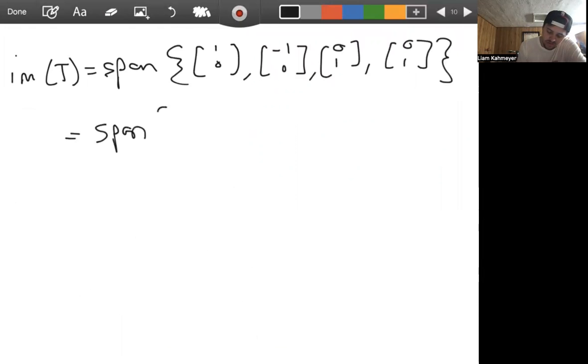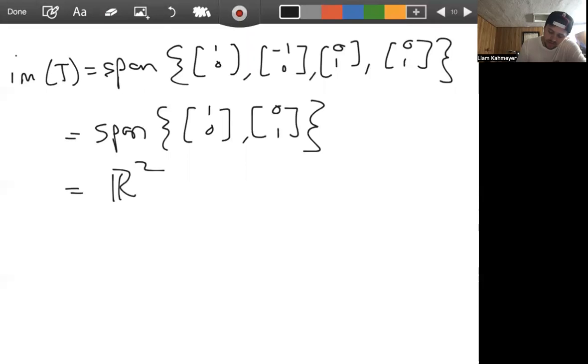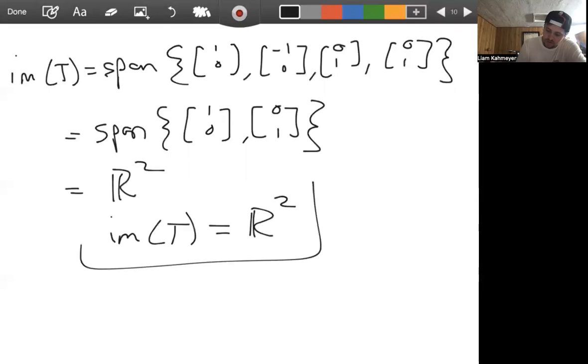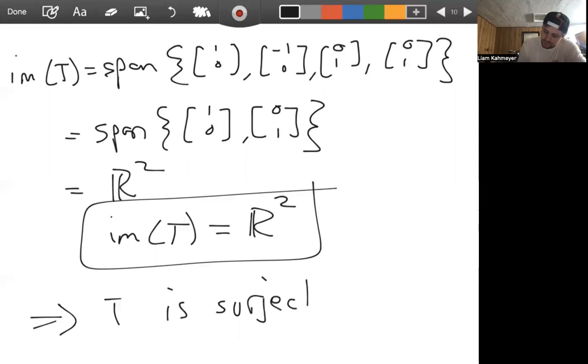If we reduce this to just linearly independent elements, you can see this is the span of (1, 0), (0, 1), right? Which is R2. And so this means the image of this transformation is R2, once again implying that T is surjective, or onto, because the image we calculated is the same as the codomain. Cool. Next, let's look at a very important theorem.